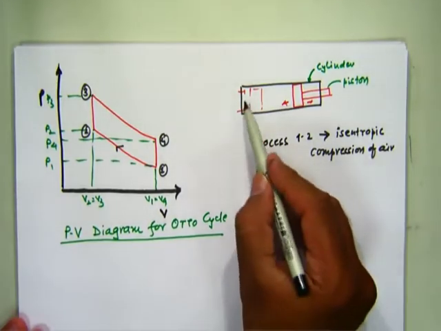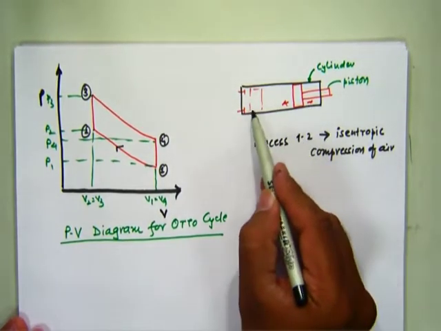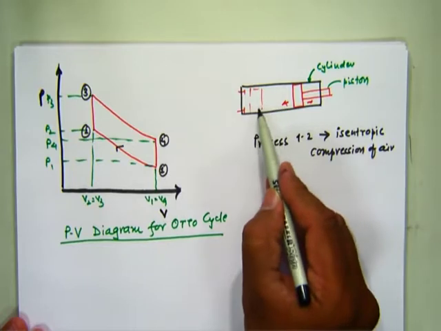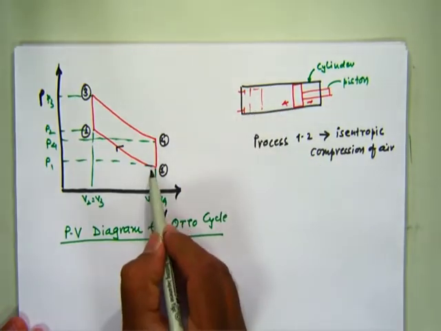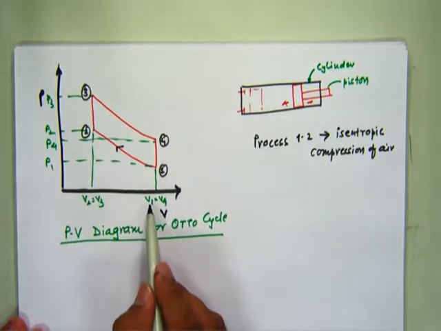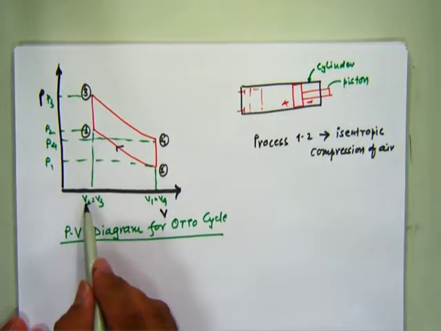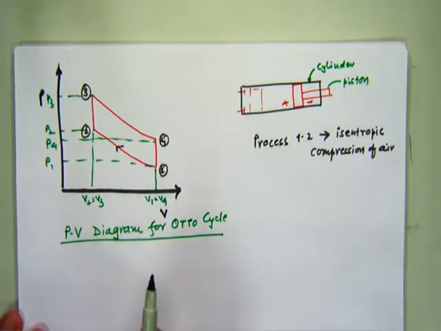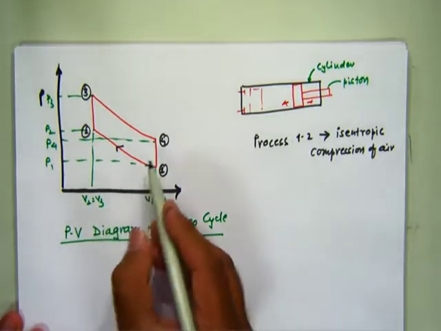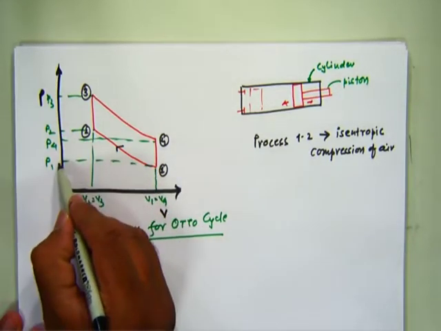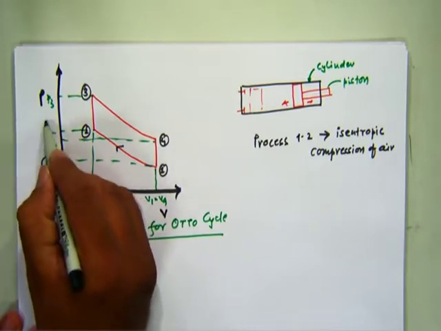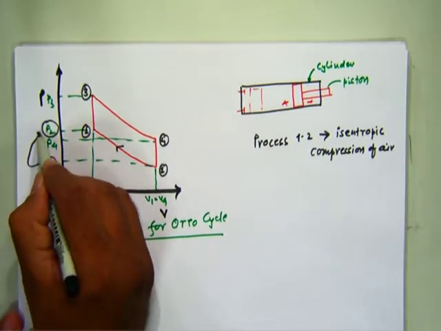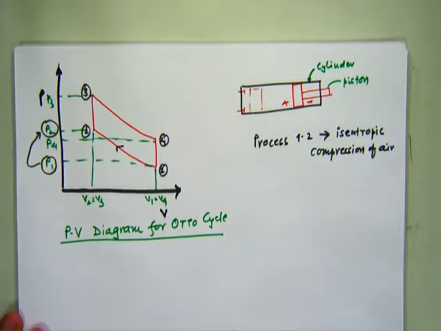So air enters, piston moves, compression of air inside the cylinder takes place. Process 1-2, volume reduced from V1 to V2. As a result, pressure increases from P1 to P2.